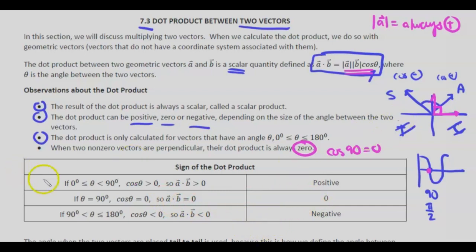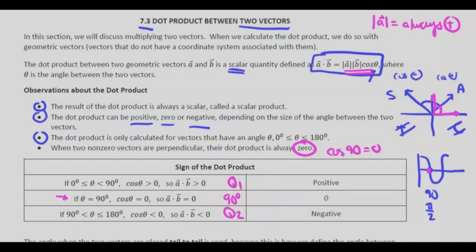Last situation: this is essentially quadrant 1, this is quadrant 2, and this is 90 degrees. If we're in quadrant 2, between 90 and 180, but not including 90, because 90 is the special case here, cos theta is going to be negative. So our dot product will also be negative.